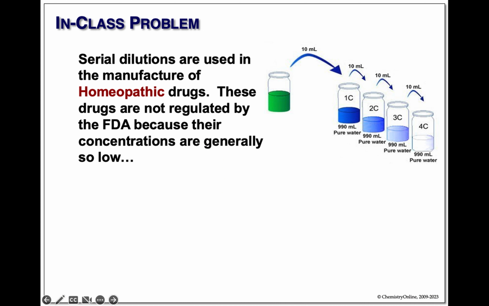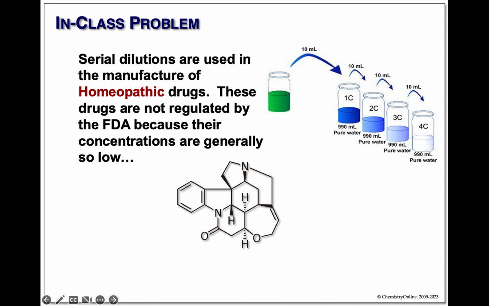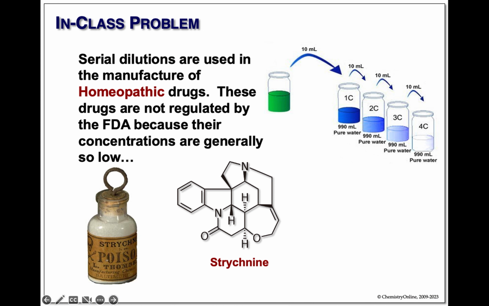Now, ever heard of strychnine? Strychnine is a poison. When I was a child, you could walk into Walgreens, and there was a bottle of strychnine on the shelf. You could buy it and take it home. People used it to kill rodents. Little old ladies used it to kill husbands.